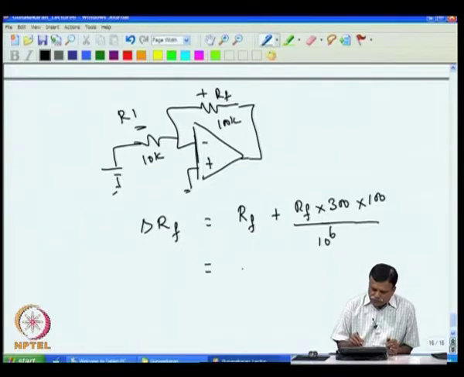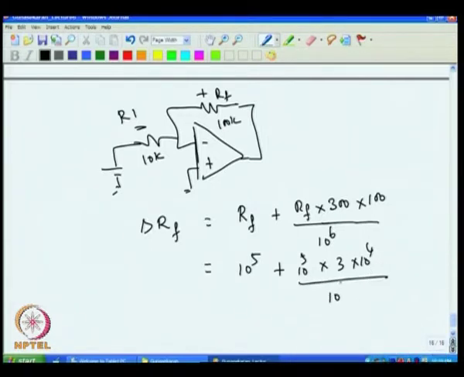So, if I take RF as 100 K, that is 10 power 5, then this becomes 10 power 5 into 3 into 10 power 4. I combine these two and get 10 power 4 divided by 10 power 6. That comes out to be 100 K plus 10 power 5 into 3 into 10 power minus 2.